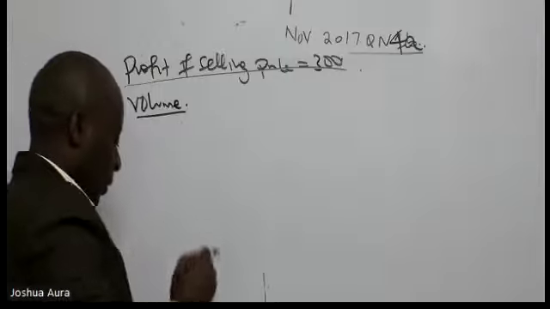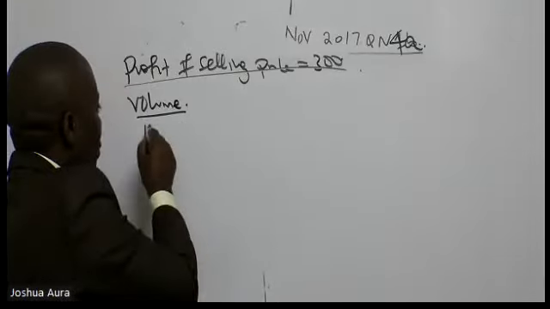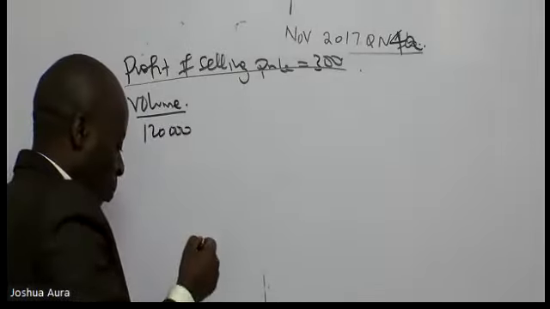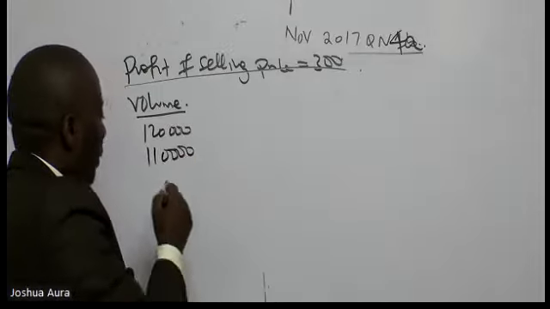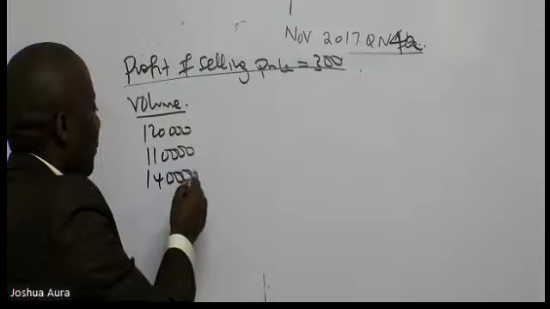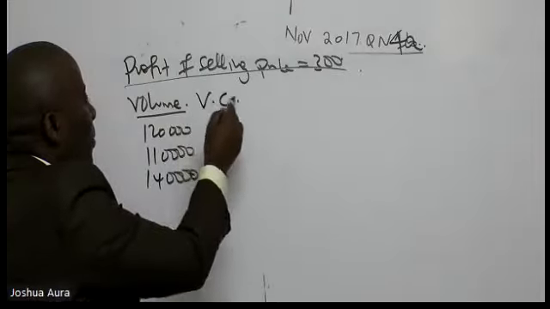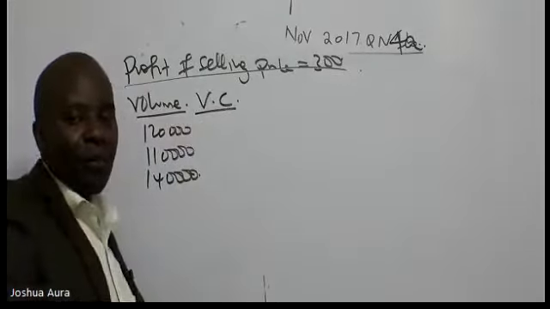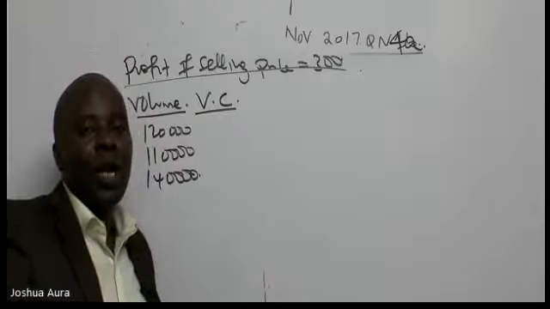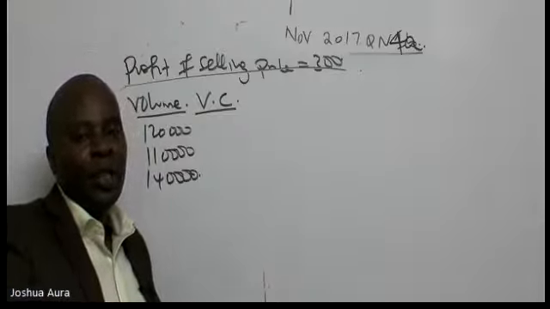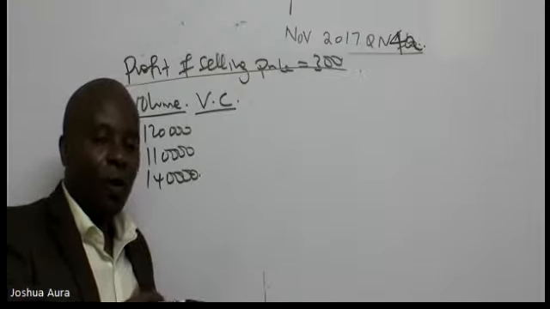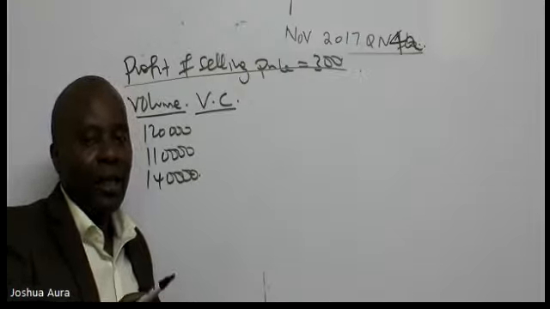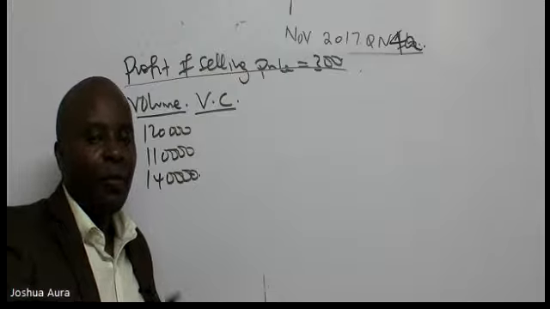So volume could either be 120,000, 110,000, 140,000. So create a column here of variable cost because it is the only technical thing that we have. Otherwise, every other thing flows very nicely.